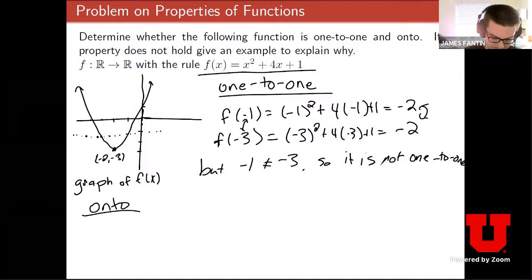It's easy to see here with this graph that the lowest value we get in the codomain is -3, and the function doesn't map to any points below it. So we just need to pick one point and show that there's nothing that maps to it from the domain. So let's look at -4 and see if a value maps to -4. To see what x value maps to -4, we would need to solve this equation.